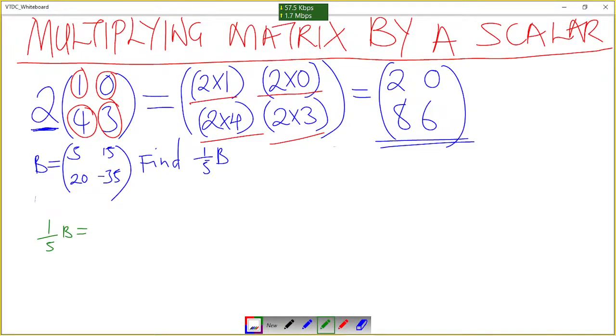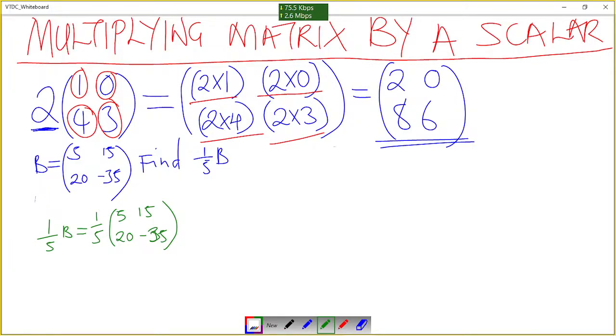We say 1 over 5, then open bracket, then we have 5, 20, then 15, then negative 35. Here we have replaced the letter b by the matrix it is representing.